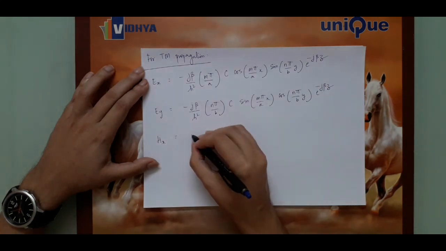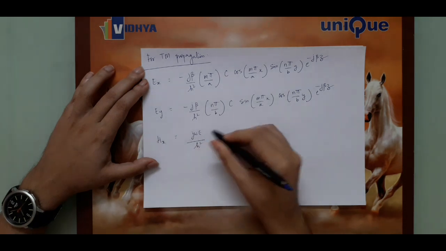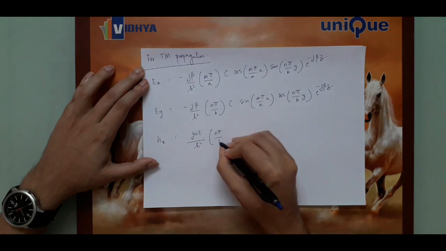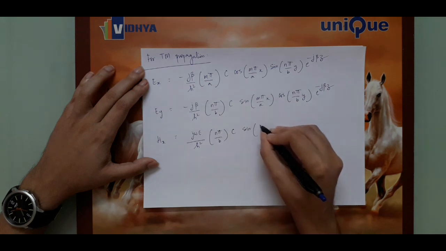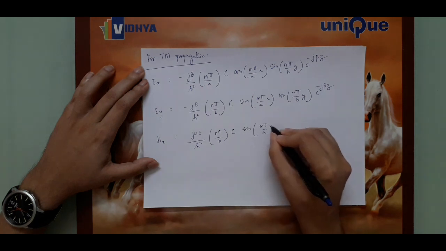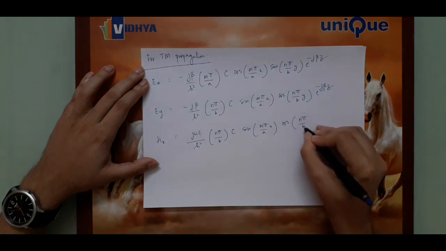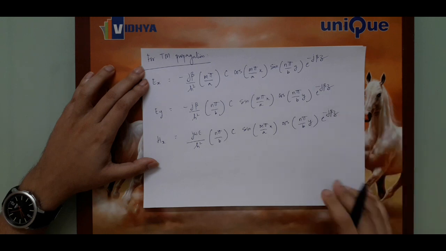Hx would be j omega epsilon by h square n pi by b C sine of m pi by a x cos of n pi by b y e raised to minus j beta z.